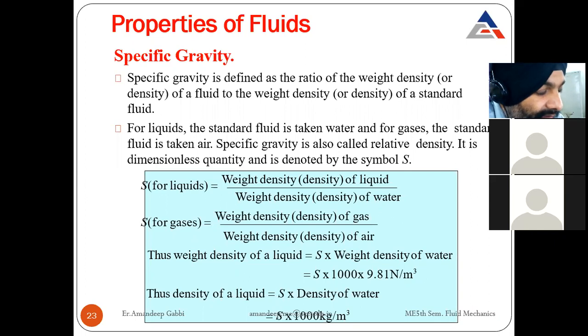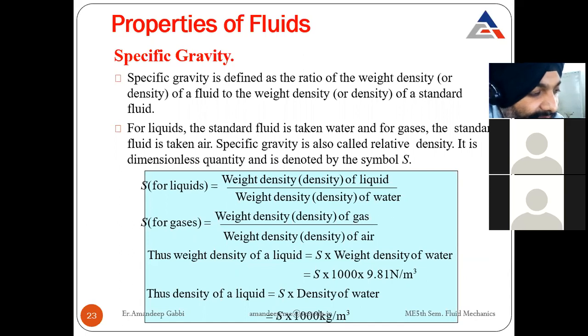So S for liquids is weight density of liquid over weight density of water. For gases, it is weight density of gas over weight density of air, for the particular gas, right? Thus the weight density of liquid is S into weight density of water, that is equal to S into 1000 into 9.81.